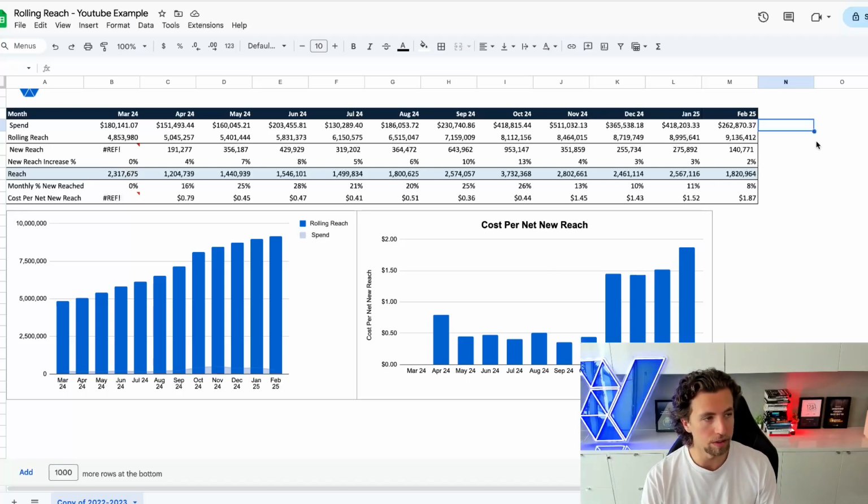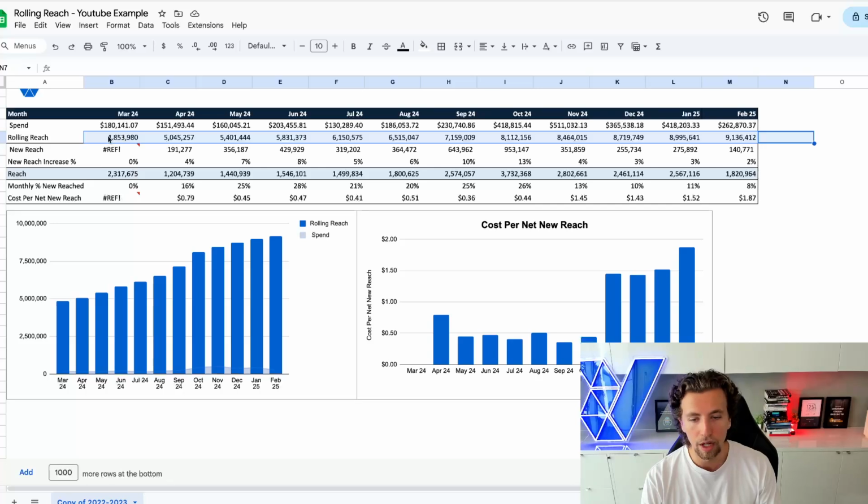I don't think the goal is for us to go and reach new people that have never seen our ads before for as cheap as possible, because I pretty much almost guarantee that they're not the highest quality users that we actually want. If we've already hit 9.1 million people, who are we hitting with these other campaign types?